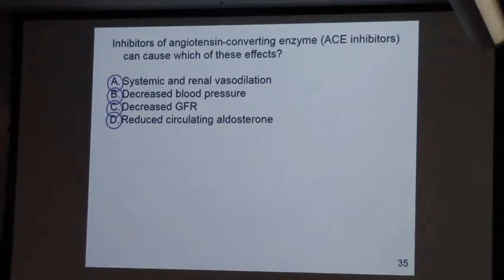So, why would we get reduced aldosterone? Angiotensin 2, which would be made from angiotensin 1 being converted by ACE, stimulates aldosterone release. The name of this pathway is the renin angiotensin aldosterone axis, RAA axis.